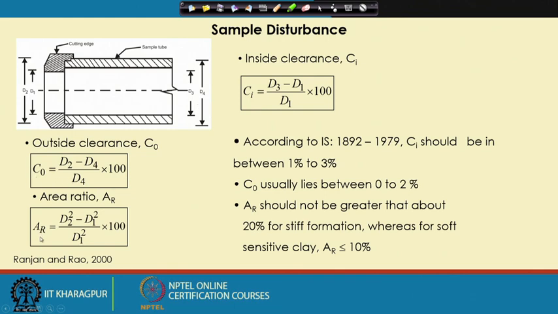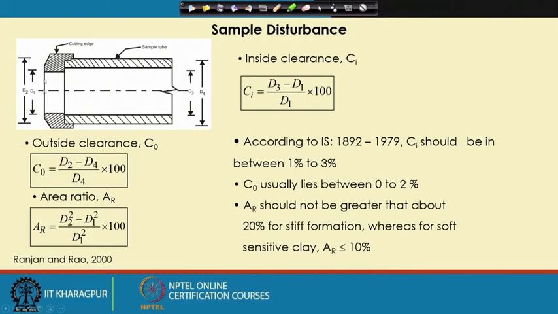Area ratio, as I mentioned, will be in terms of D2 squared, as here a cutting edge is attached. So, we use these diameters. But if there is no cutting edge, only the sampler tube, then the diameter of the sampler tube is considered for the area ratio here, and Ci we can get by using these expressions.